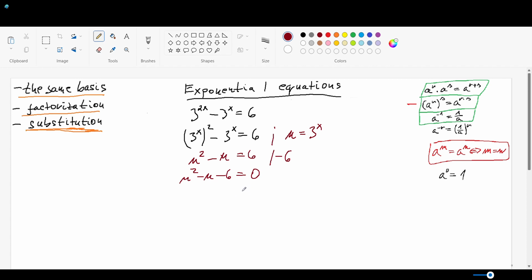And you are now able to solve this quadratic equation by using the discriminant or quadratic formula. Or if you want to, and this is much easier in this case, you can use the factorization method, which says that you are supposed to find two numbers, so that if you add them up you will get the number -1, and if you multiply these numbers, you should get -6.